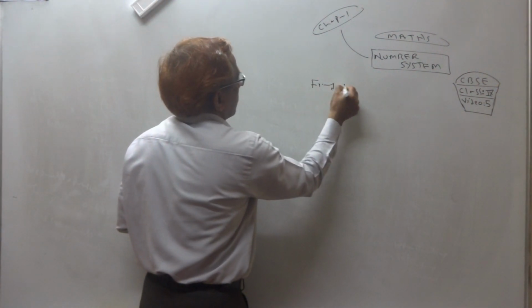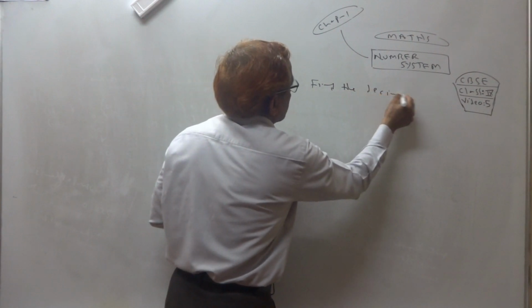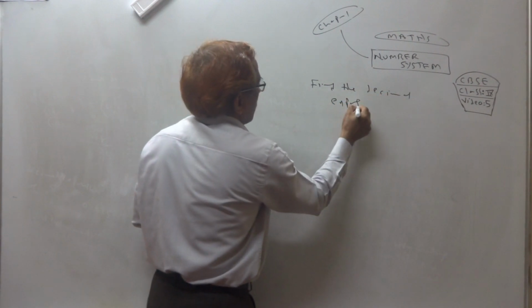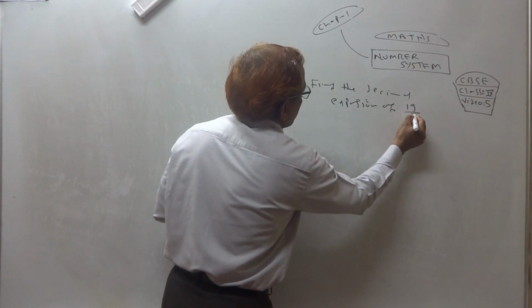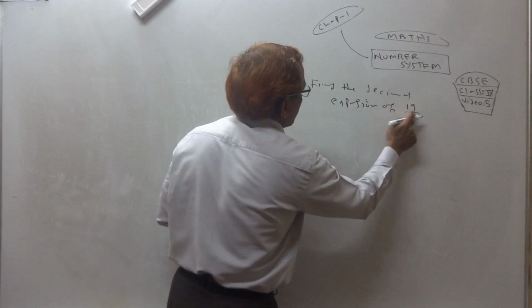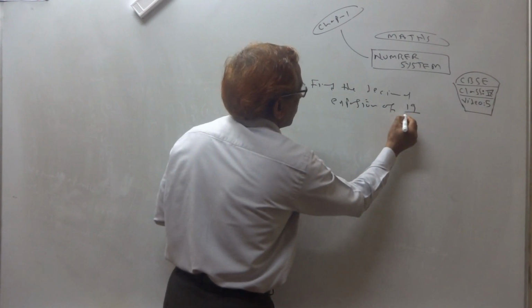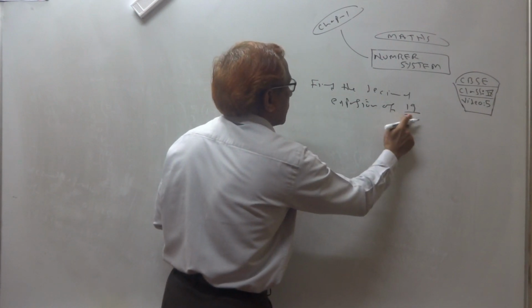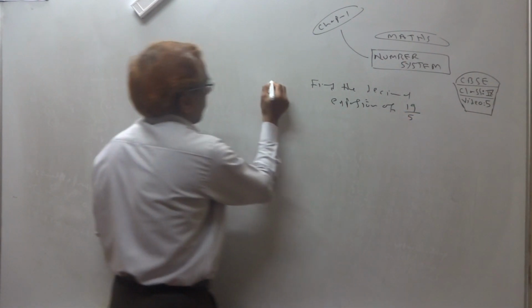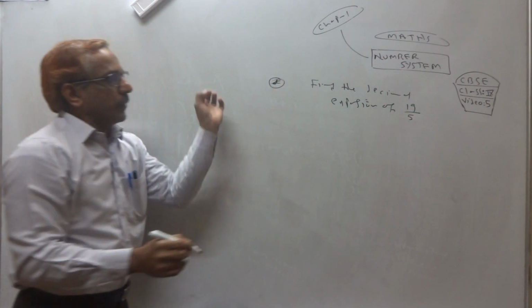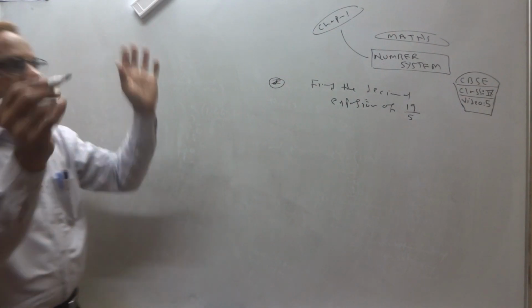Find the decimal expansion of 19 by 20. Or first I take an easy question, 19 by 5 for example. Find the decimal expansion of 19 by 5.